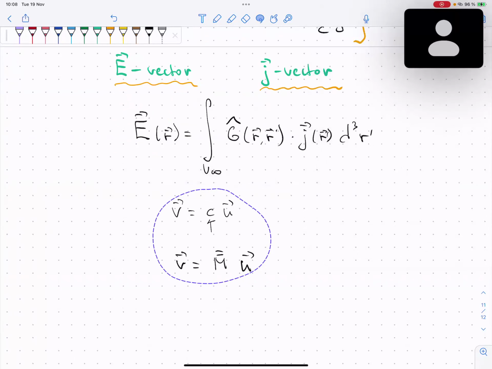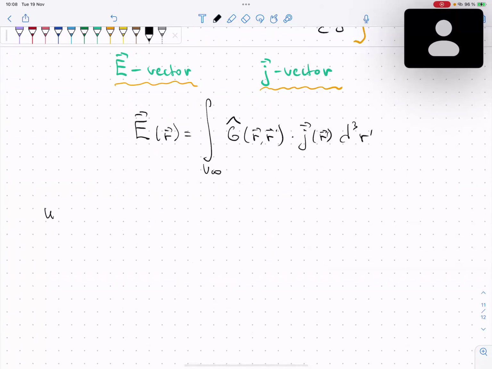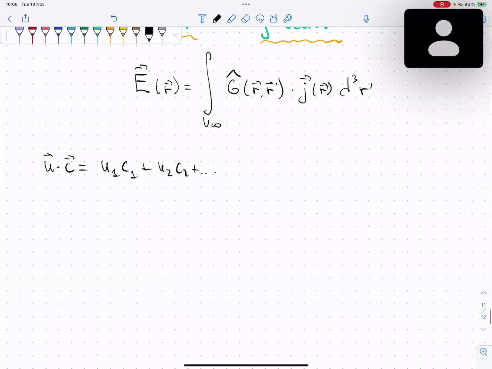There is such a thing as an inner vector product, which is just U1 C1 plus U2 C2 and so on. But we also have the outer vector product.